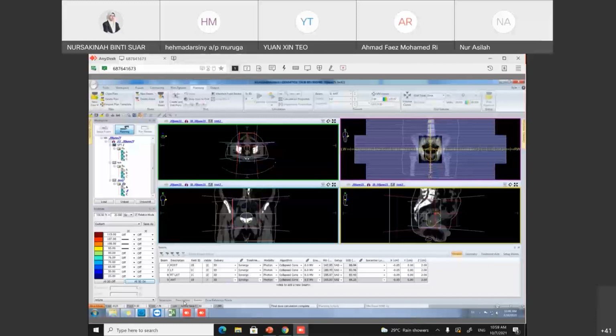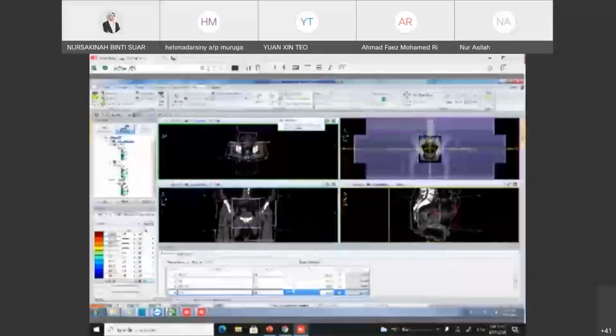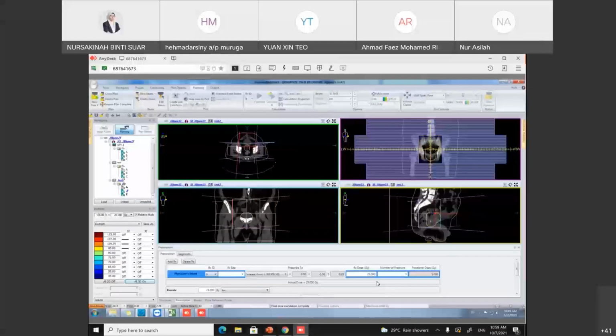Equally weighted contribution. I already calculated the plan. So now let's see what the dose is. We are now prescribing 25 in 5.